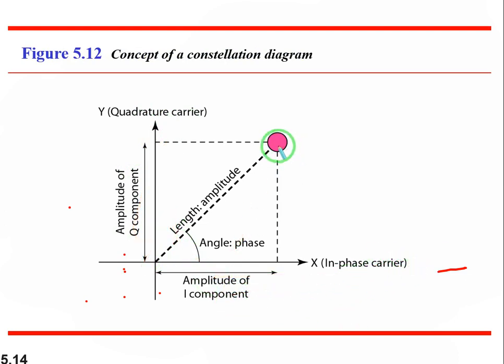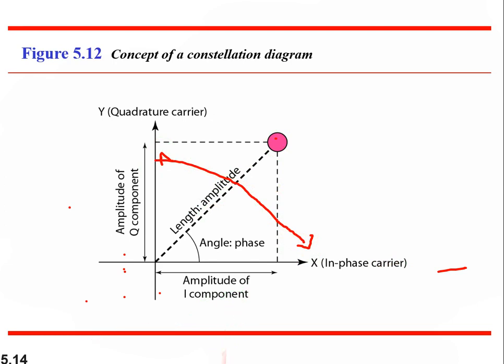This point shows the signal element, and the signal element can show you the number of bits. This is the simple concept of a constellation diagram. It just compares the quadrature component and the in-phase component.